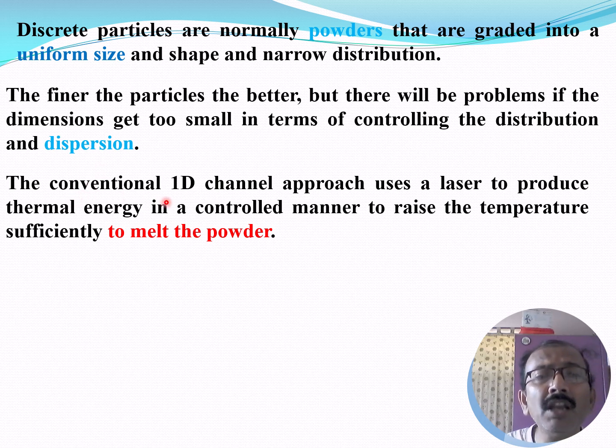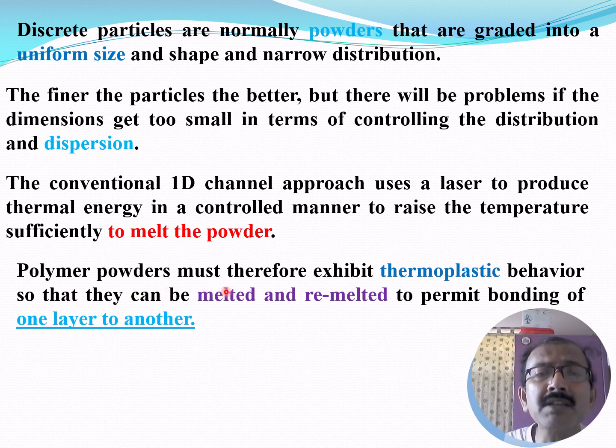The conventional 1D channel approach uses a laser to produce thermal energy in a controlled manner to raise the temperature significantly to melt the powder. That means laser power is used to melt the powder, which is small in size and uniform.